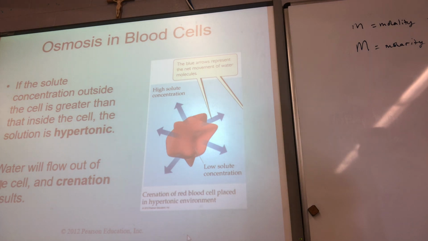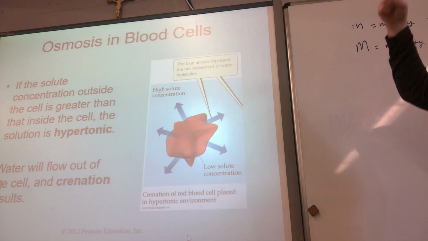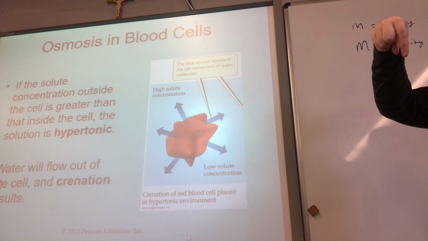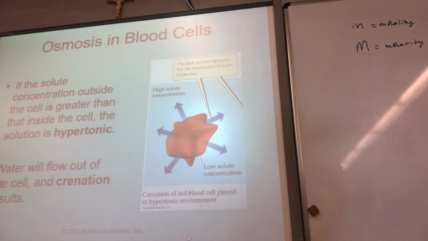So, in blood cells, if the solute concentration outside is high and the inside of the cell is low. Remember, they're talking about solute, but we're going to talk about osmosis in terms of solvent. Low concentration of solute inside the cell means there's more water inside the cell, less water outside the cell.